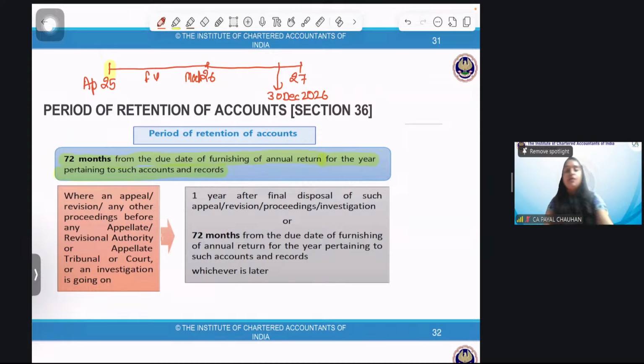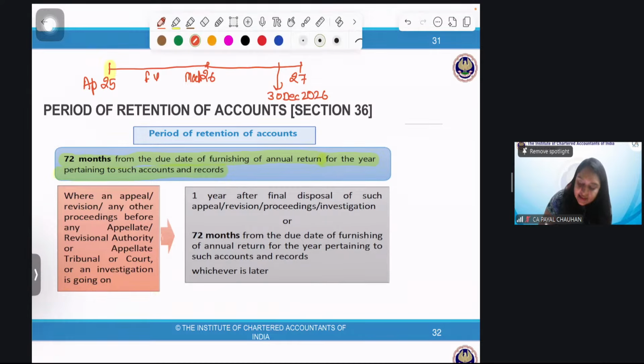Now tell me, from what date do I have to retain the books of accounts for 72 months? From where will I calculate 72 months? From 30th December. Yes, I'll calculate these 72 months from there. Perfect answer. Furnishing return date.